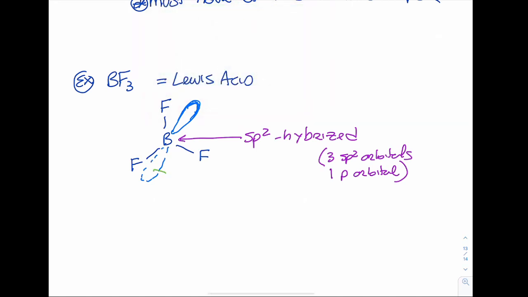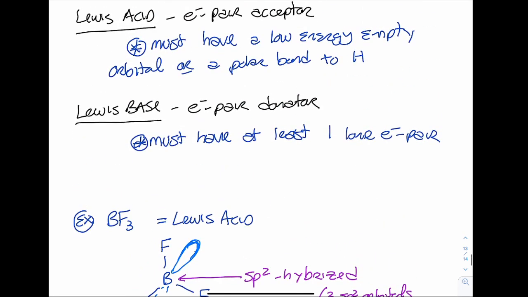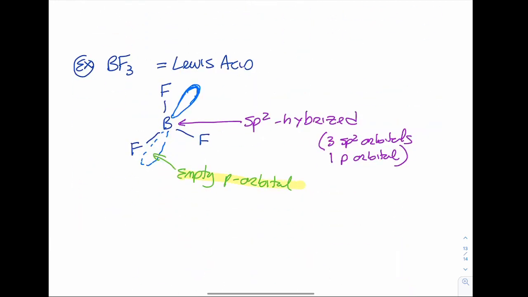Because I have this empty orbital, I can put electrons into it, meaning it's a Lewis acid, right? A Lewis acid must have a low energy empty orbital. Here we go, empty orbital. So because of that, it makes it a Lewis acid, right? This can accept electrons.